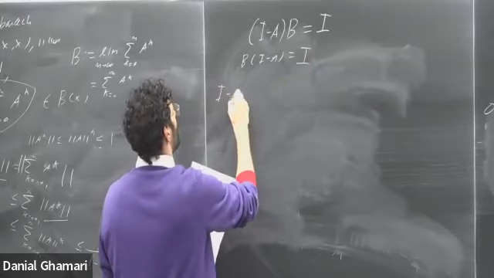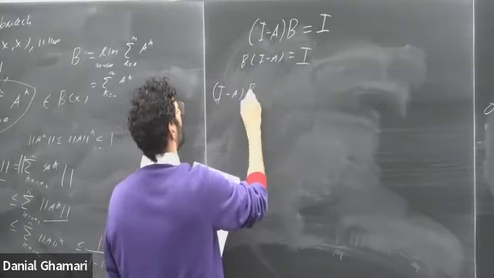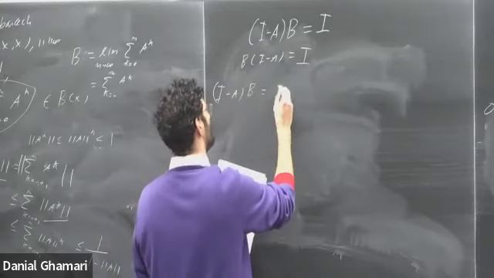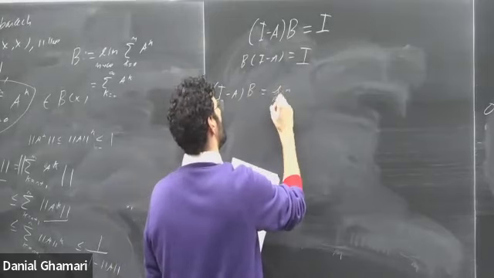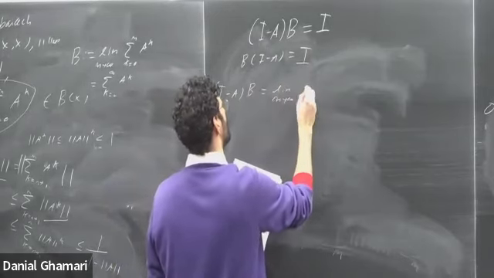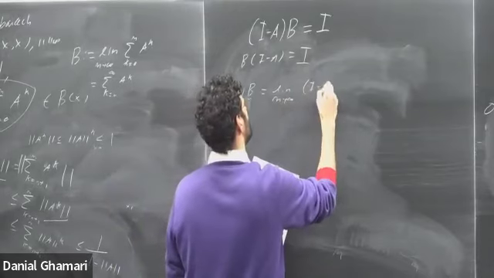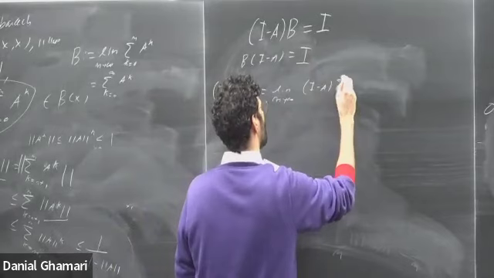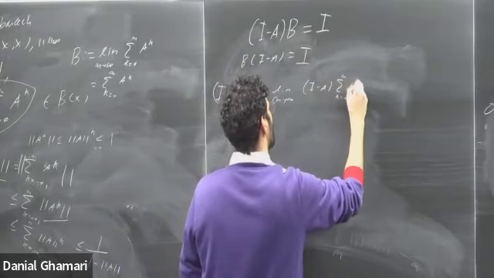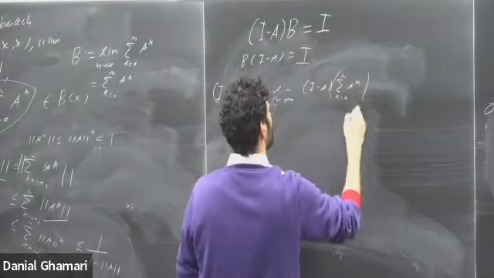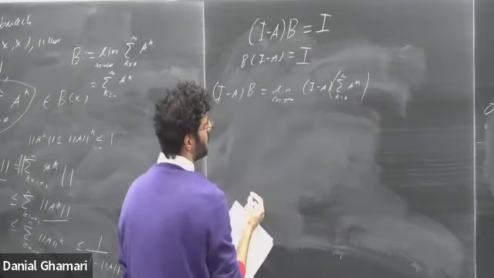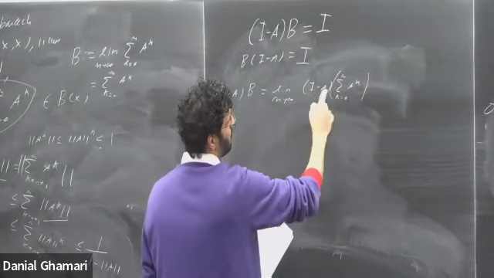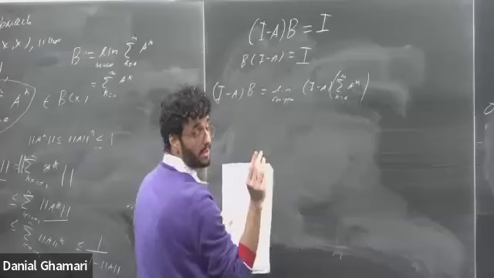So I minus A times B is equal to the limit as m tends to infinity of I minus A times the partial sum from k equals 0 to m of a^k. The reason I wanted to do this is so that I can multiply through without having to worry about limits or anything.